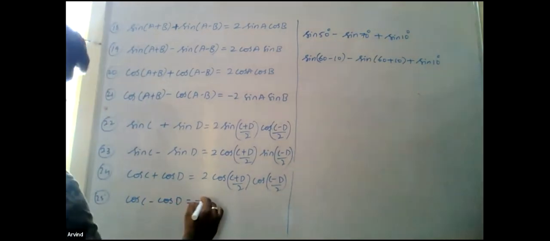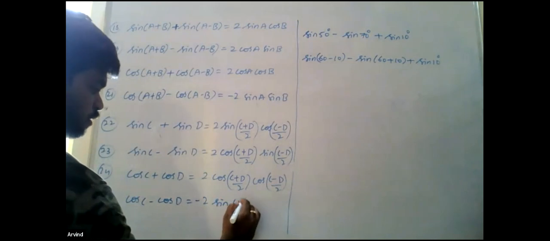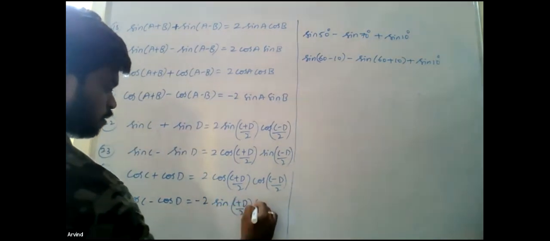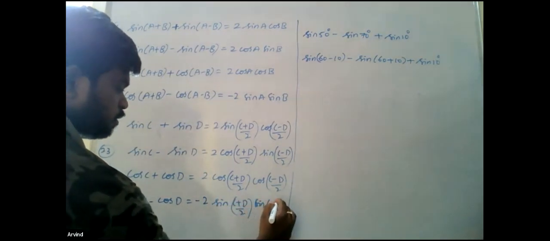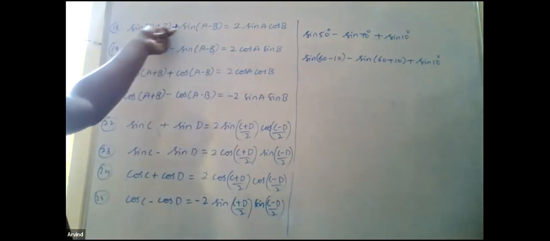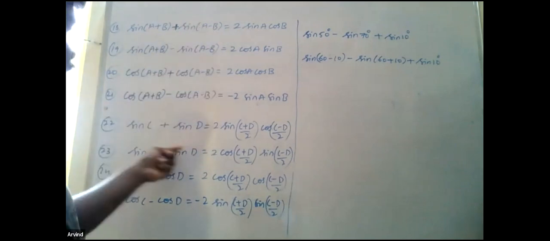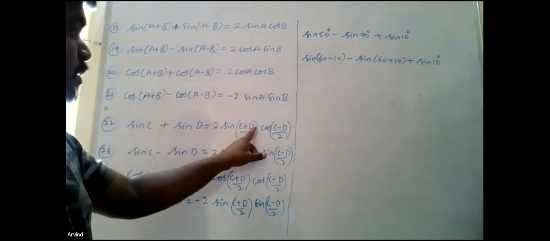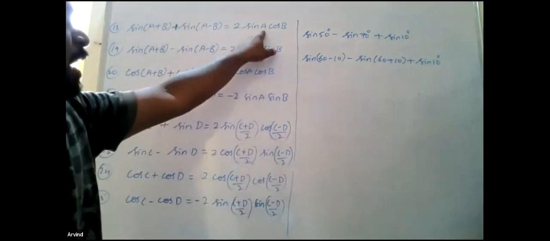Cos C minus cos D, same thing, minus 2. If you observe, there were 2 angles A and B, but here with single angles C and D it is the same thing, but C plus D by 2, C minus D by 2, just like A plus B by 2, A minus B by 2. So take down all these formulas, based on that I can do it.